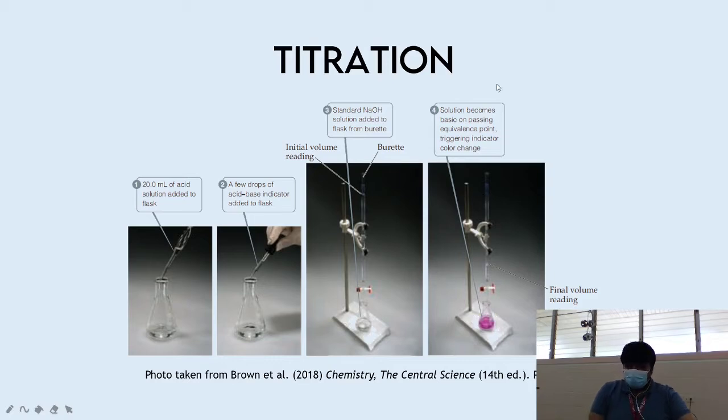Then this standard solution is slowly added until the indicator changes color. Now, when the amount of acid is greater than the base, phenolphthalein does not exhibit any color, thus colorless.